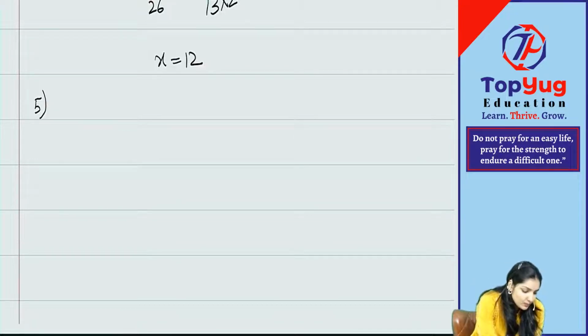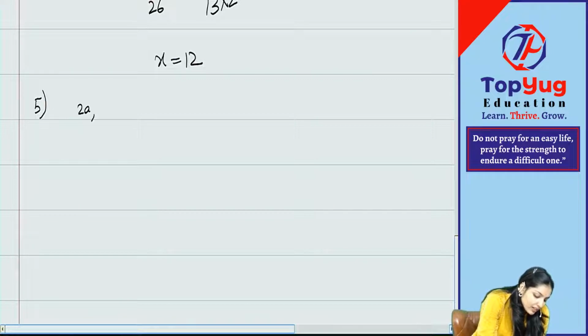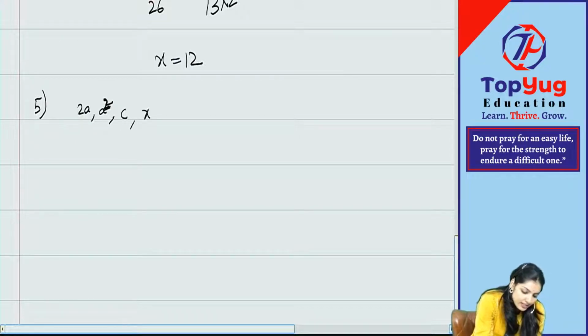Fifth one, the fourth proportional to 2a, comma a square, comma c. So fourth proportional means this is x. So 2a into x is equal to a square into c. So what is x? A gets cancelled. X is ac by 2.